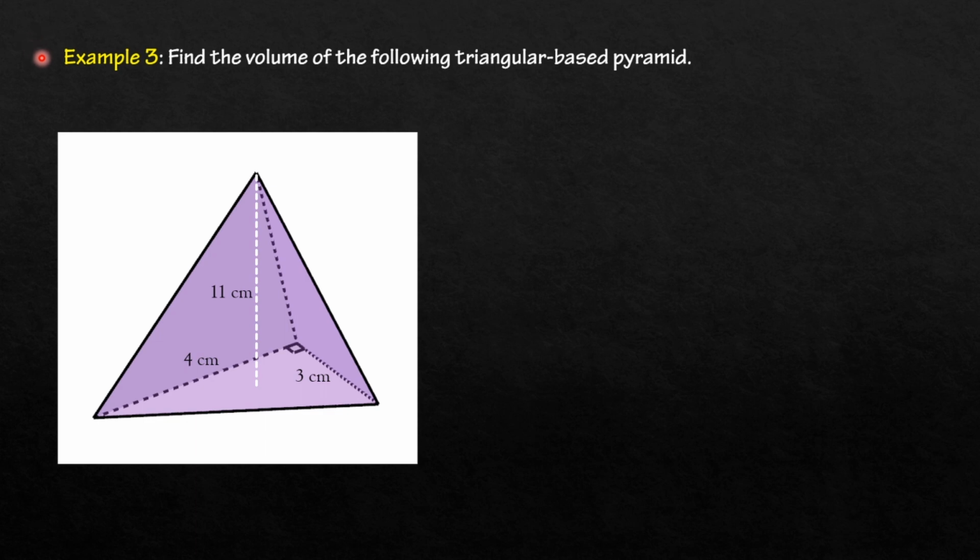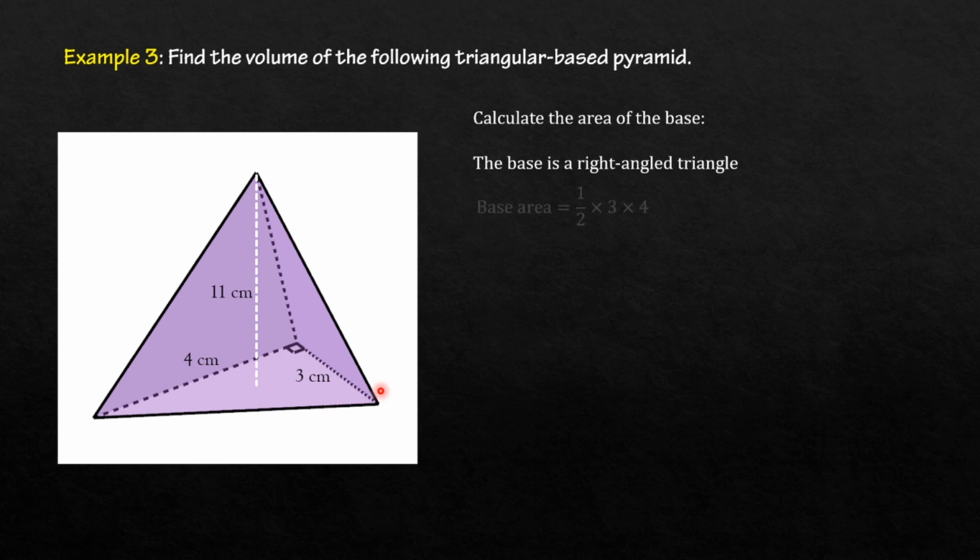Here's another example. Find the volume of the following triangular base pyramid. The diagram is already shown. Let's first calculate the area of this base here. As we can see, the base is a right angled triangle. So the base area is half times the base times the height.